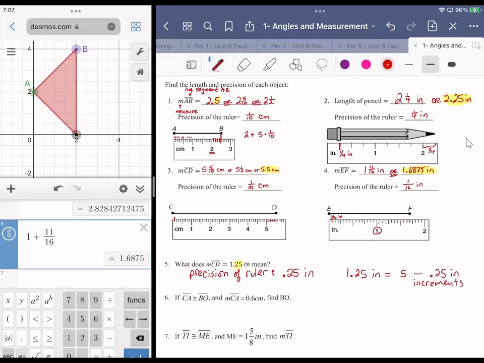Instead of the dash there, because that looks like subtraction, I'm just going to write out the word 5. Basically, it's saying that we're counting in terms of whatever the precision is. How many of those increments did it take to get to the 1.25 inches? 0.25, 0.5, 0.75, 1, and then another 0.25 gets me to 1.25. It took 5 increments of 0.25 inches to get where I wanted to go.